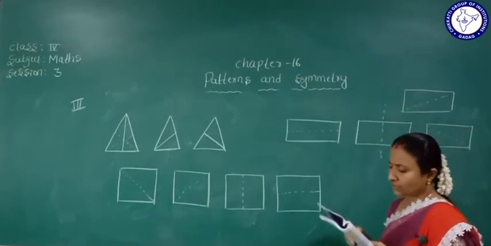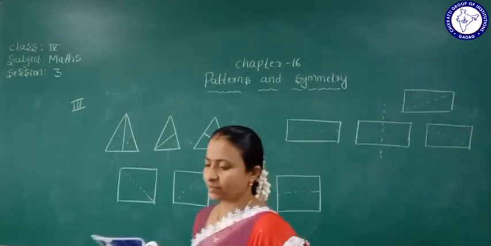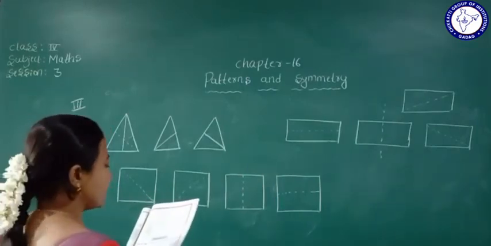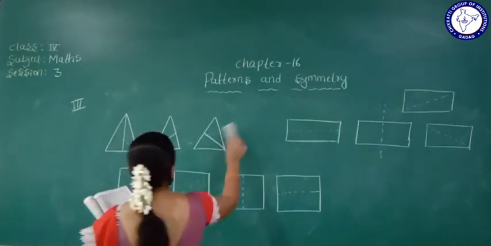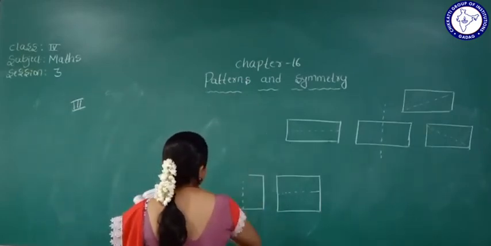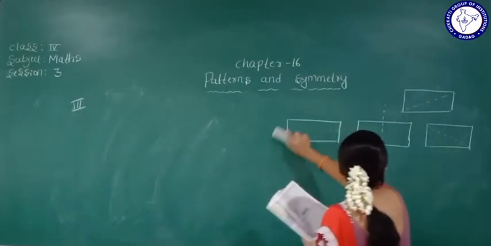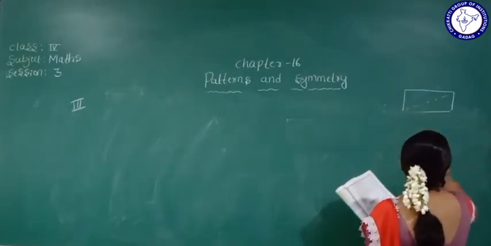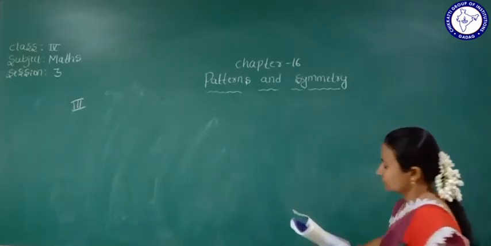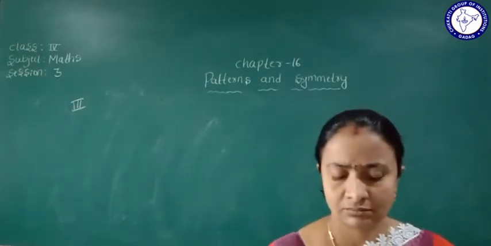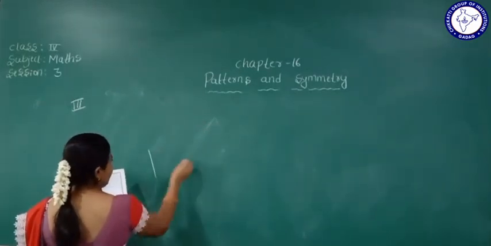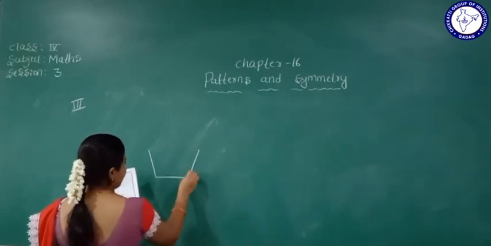Understood? Okay. So here they have given that a regular hexagon has six lines of symmetry. How does it come, six lines of symmetry in a hexagon? So here see, this is a hexagon.